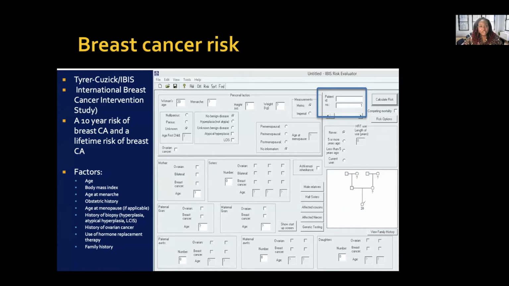So our decisions when we talk about the treatment of a patient are never just one size fits all, right? We take the individual patient and we look at everything. And one of the big things that we do is a cancer risk assessment. So this is very important to be aware of.